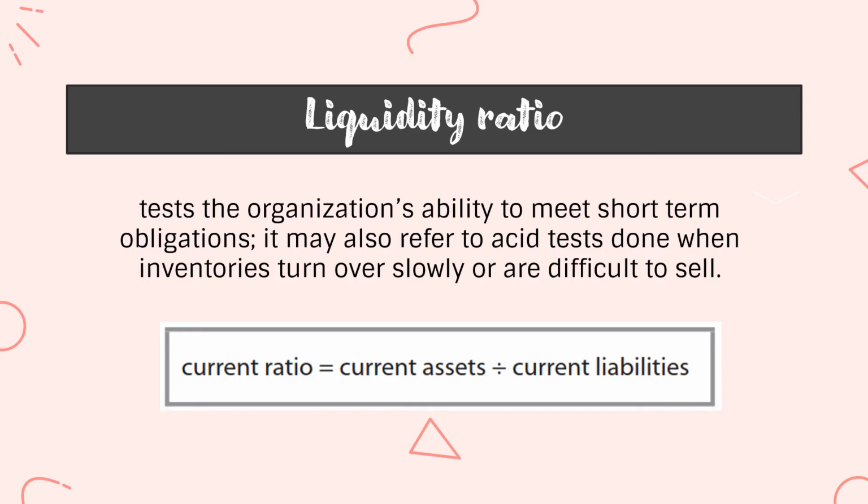Kaya naman natin siya tinawag na current kasi in financial statements, we have current and non-current. So, yung asset and yung liability, it can be current or non-current. Ibig sabihin, kapag current, the assets are expected to be converted to cash within a year or kung ano yung accounting period.